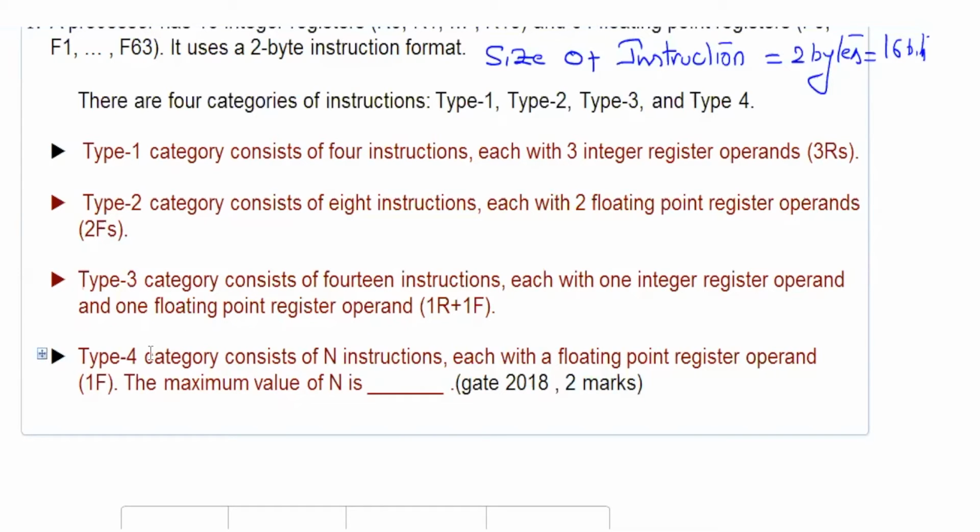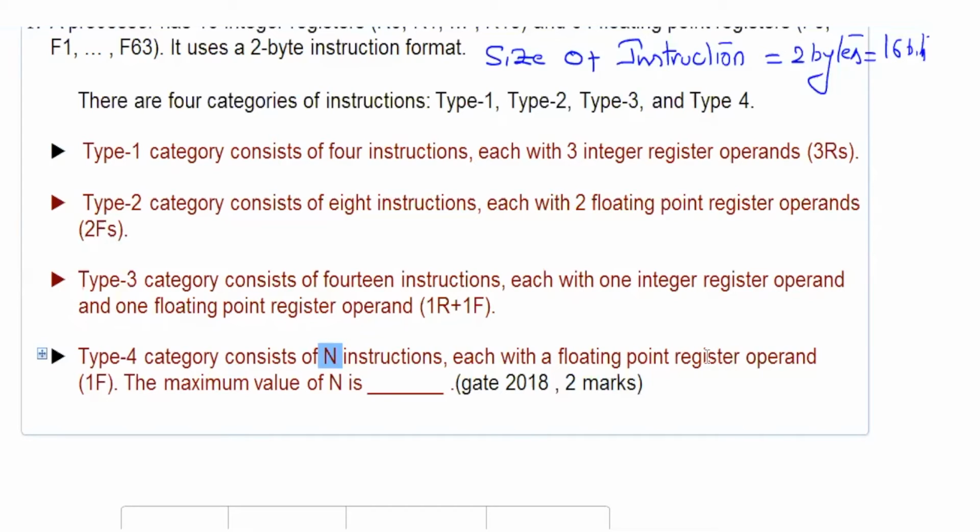For type 4, there are a total of n instructions, and we need to find n, each with just a floating point register operand.